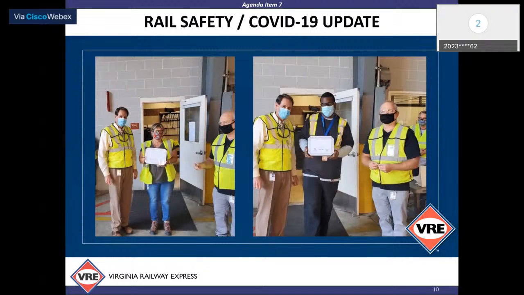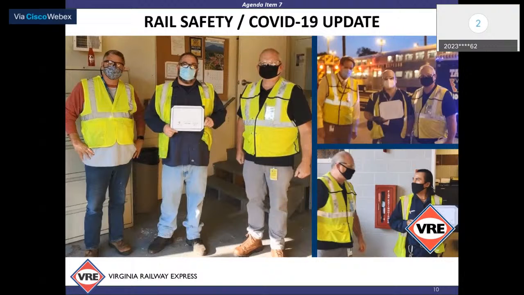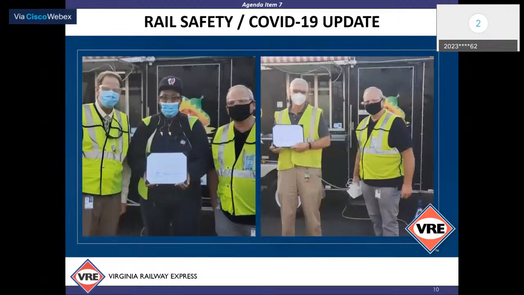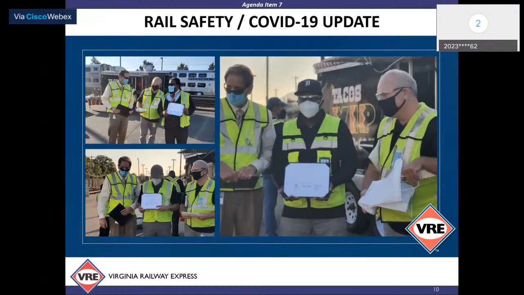To start, in conjunction with Keolis's quarterly safety huddle, during the week of September 21st, VRE recognized the service of 56 Keolis Rail Services Virginia employees, both the transportation and mechanical teams. Specifically, I presented 40 10-year and 16 5-year service awards.